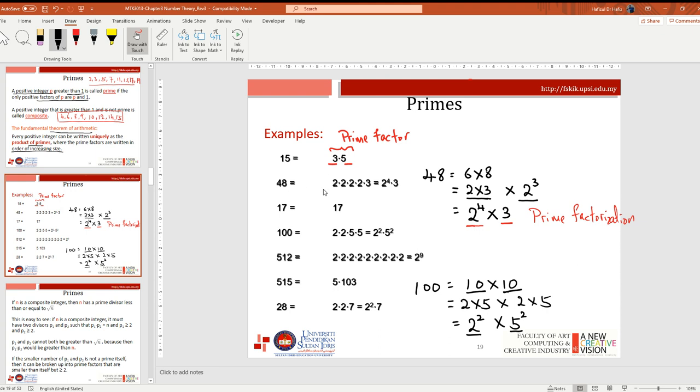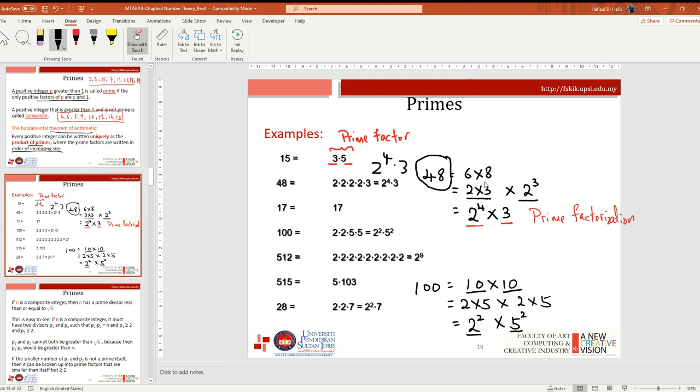For 48, we can multiply 2 by 2 by 2 by 2 and multiply by 3, or we can write 2 to the power of 4 multiplied by 3.